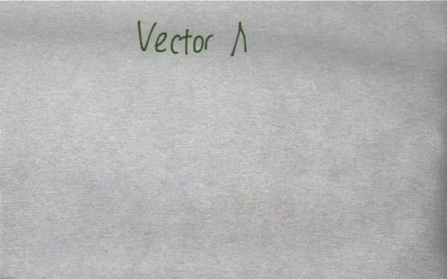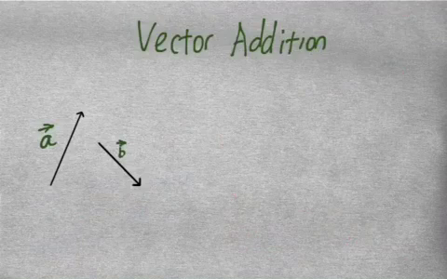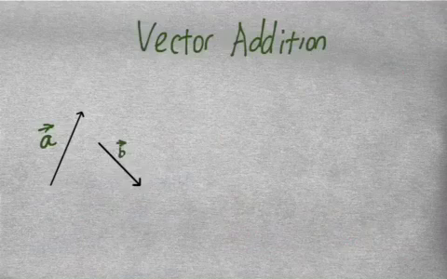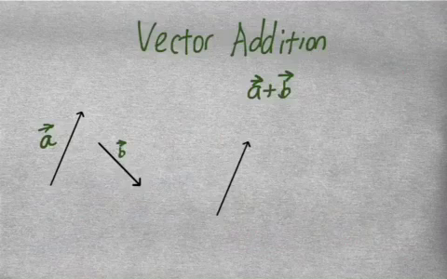Alright, let's move on to vector addition. Let's say we have vector A and vector B, and you can see vector A has its length and direction, vector B has its length and direction. When I add these together, I'm basically going to copy what vector A looks like exactly, keeping the length and direction the same.